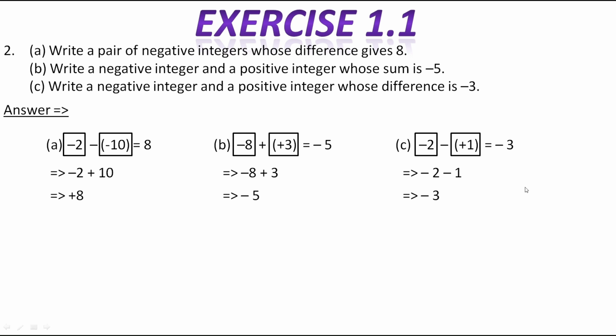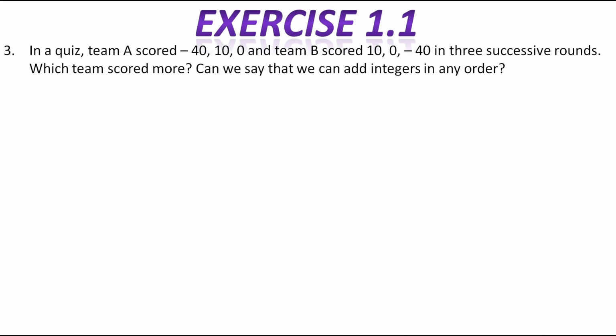Now let's move to the next question, that is the third one. In a quiz, team A scored minus 40, plus 10 and 0, and team B scored 10, 0 and minus 40 in 3 successive rounds. Which team scored more? Can we say that we can add integers in any order? First of all, we will solve the first part of this question.